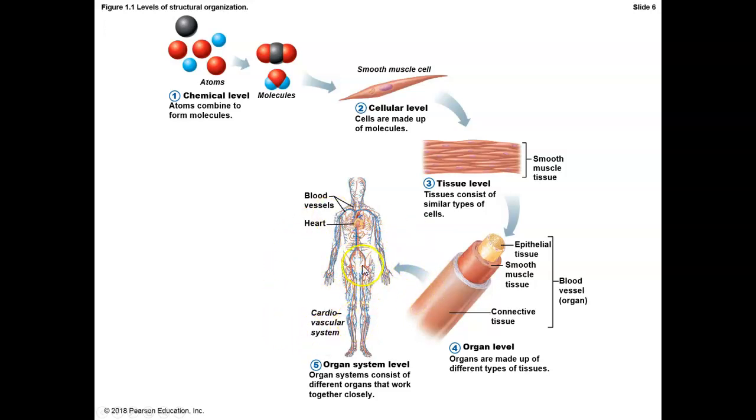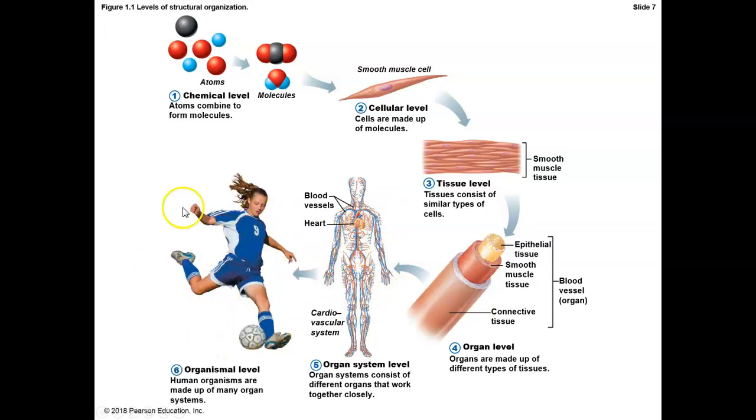In this case, we have the cardiovascular system, with blood vessels and the heart all working together. Then you take all those organ systems and you produce the organism. Humans have 11 organ systems that we put together.